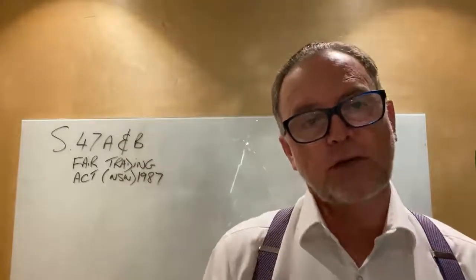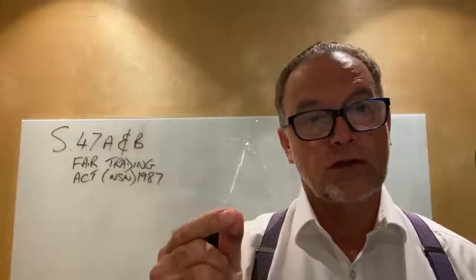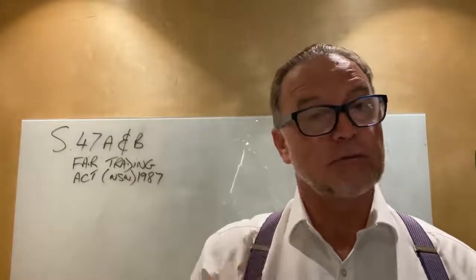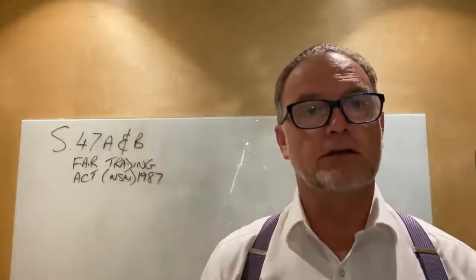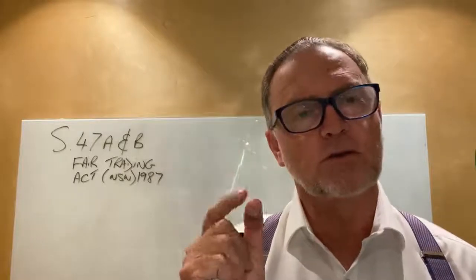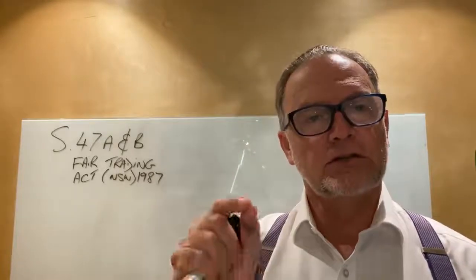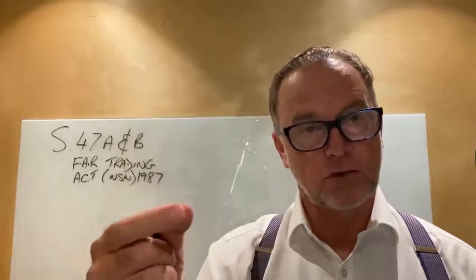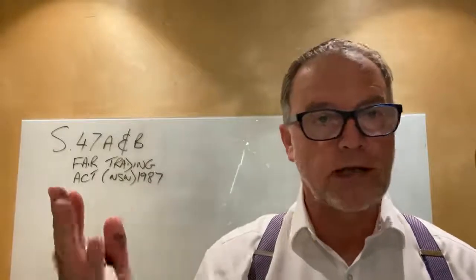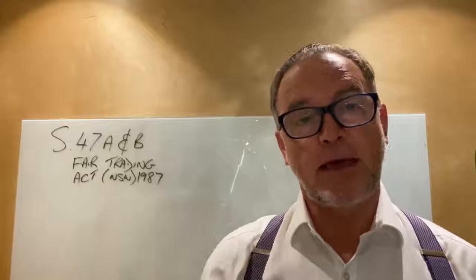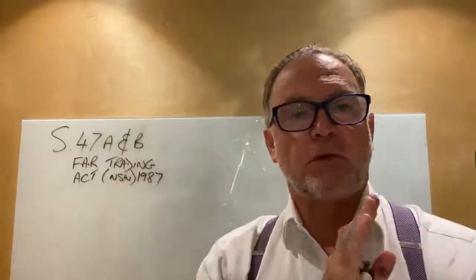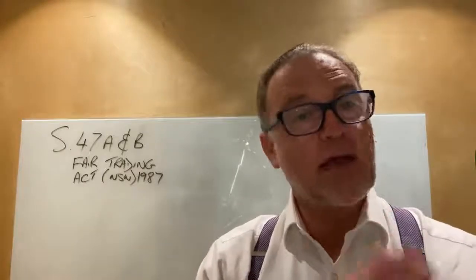So Section 47A, you must disclose as a business service provider, as a business to a client, whether or not there are any terms and conditions in your service provision, contract, written or oral or combination, that might prejudicially impact on them. Now, what this means for most real estate agents is their agency agreement.